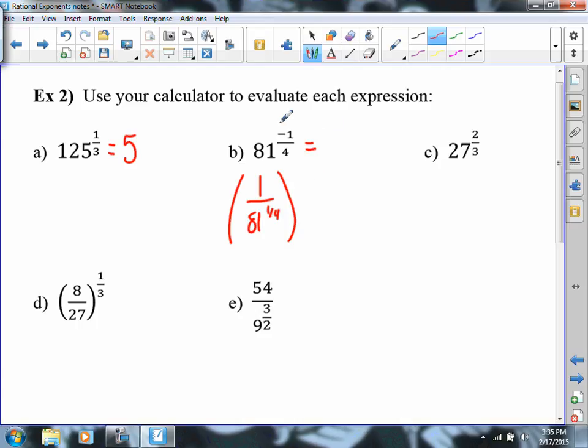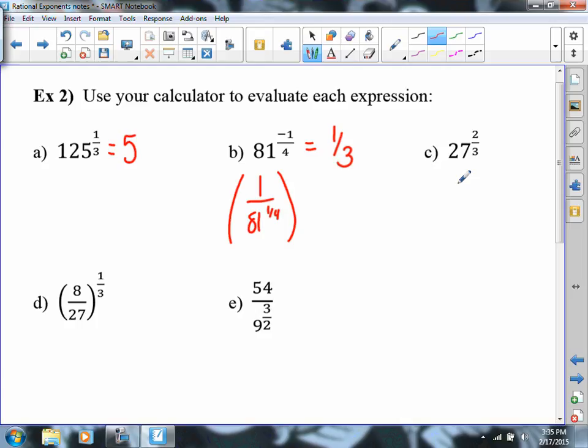Your calculator can handle a negative fractional exponent. So when you type that in, you'll get 1/3. You get that fraction because that negative exponent moved the 81 to the 1/4 power to the denominator. So 81 to the 1/4 is 3, and you have 1 over 3. So that's why we get 1/3 for our answer there.